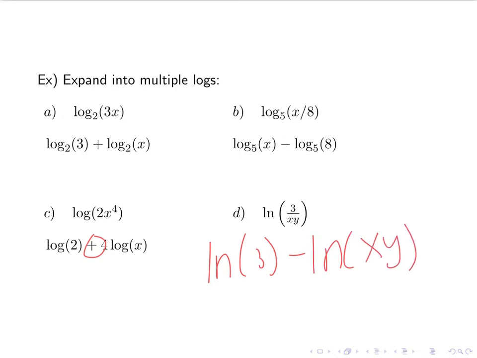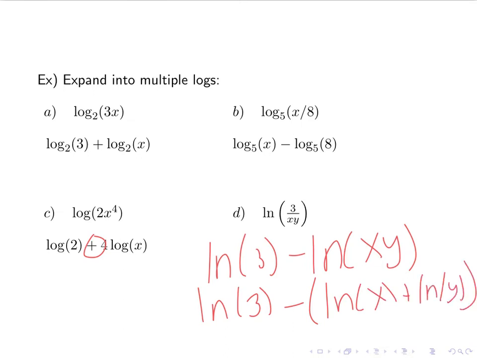And then xy is being multiplied, so I would separate it by adding, but I have to remember that that subtraction is still there, so I'm subtracting ln of x plus ln of y. And I'd have to distribute that negative sign if I want to clean that up.